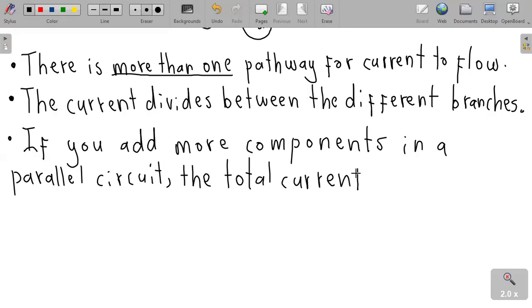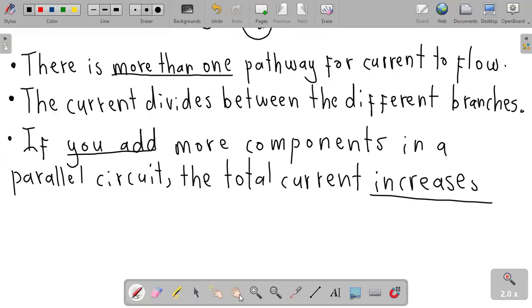You remember previously, if you add components, it decreased the current. So here we have the opposite.